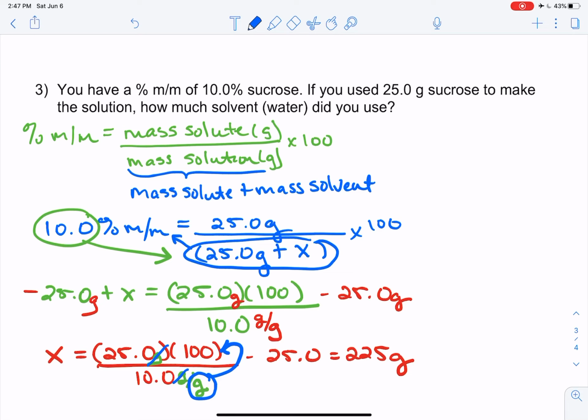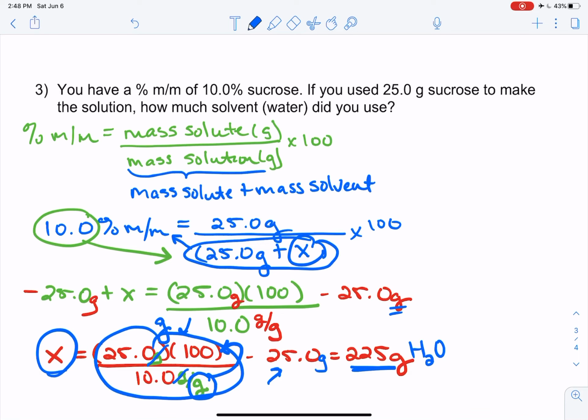And so you would get a value here that had a unit of grams, and then this one has grams because it was right there. And so you would get a value here minus 25 grams, and that's going to give you 225 grams of water because X is our solvent.